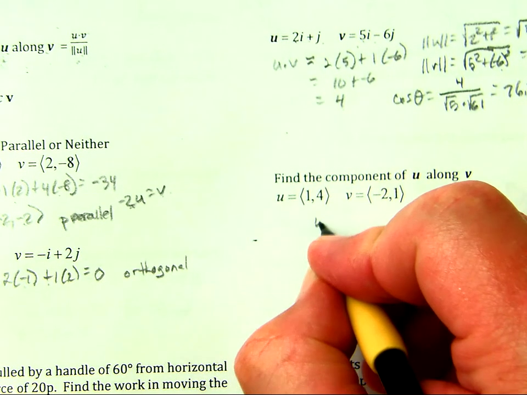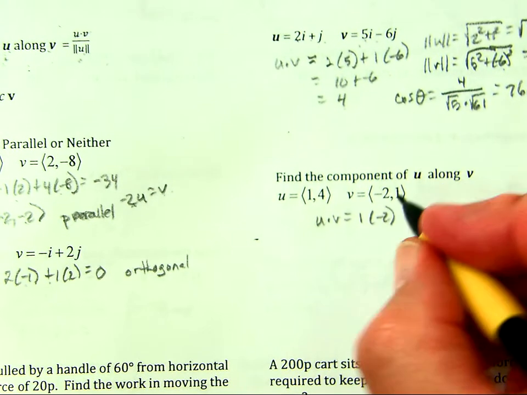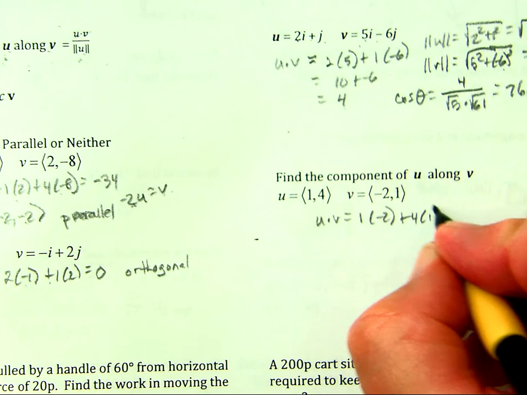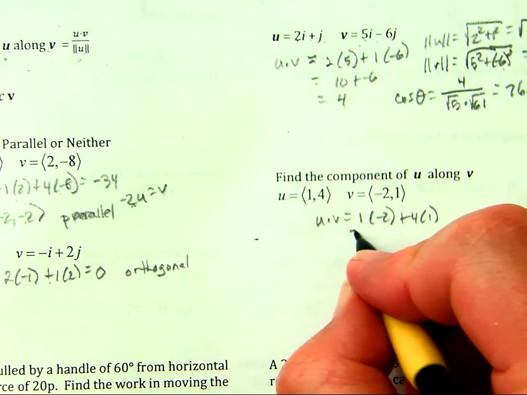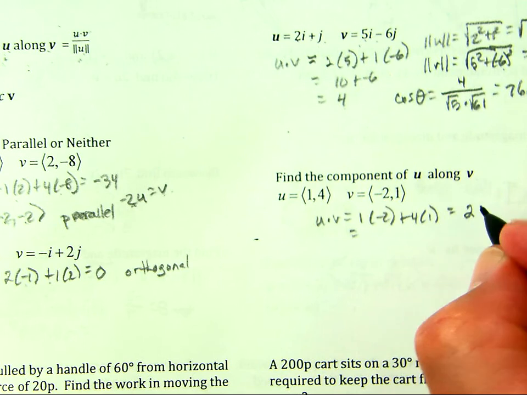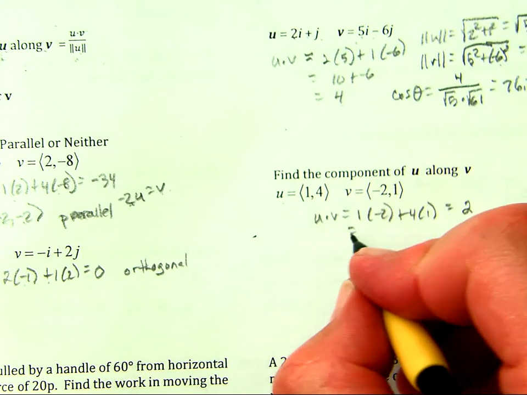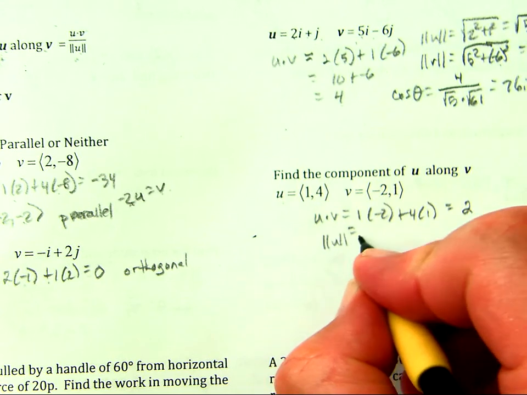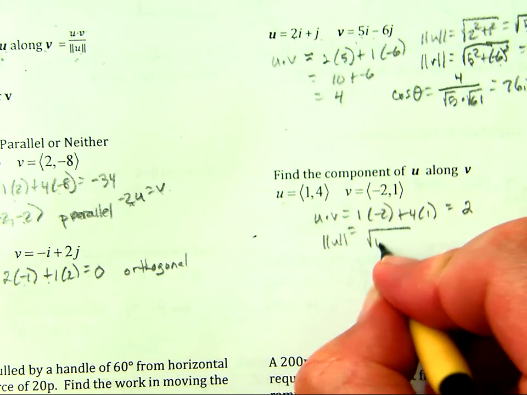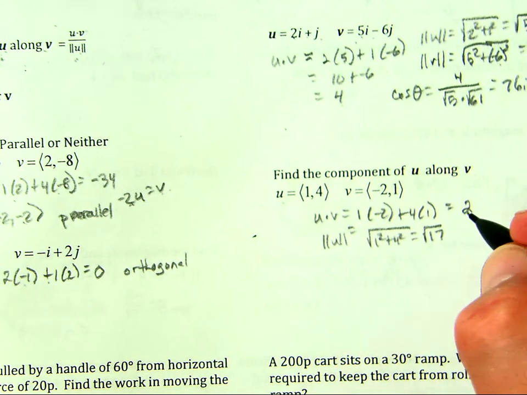We're going to take u dot v, which is 1 times -2 plus 4 times 1. Well, that's -2 plus 4, which is 2. Now we need the magnitude of u. Well, that's going to be the square root of 1 squared plus 4 squared, which is the square root of 17.